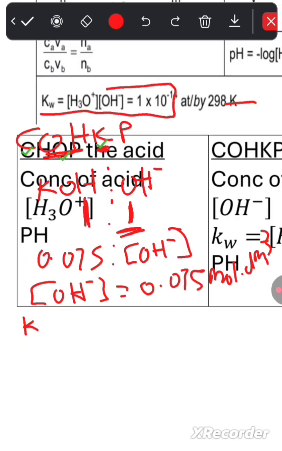Right. It happens at 25 degrees, room temperature. So we are going to move from the concentration of hydroxide ions to the concentration of hydronium ions, so that we can calculate pH.